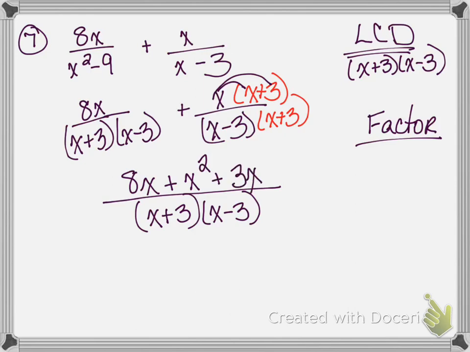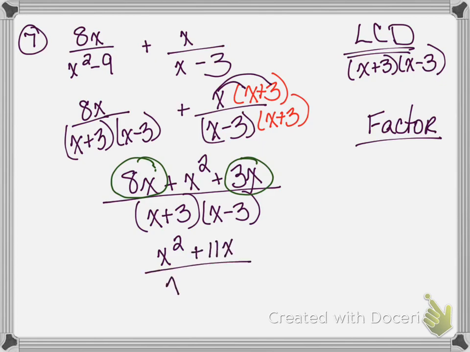Now, I'm not going to cancel anything from the numerator and the denominator, but do you see how I have this 8x here and this 3x here? Those can be combined. So my final answer here does need to combine those two, and I'm left with x squared plus 11x. Okay, and so then my x plus 3, x minus 3 stays in the denominator.